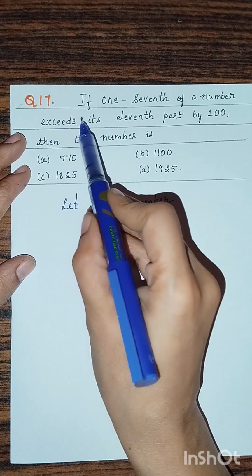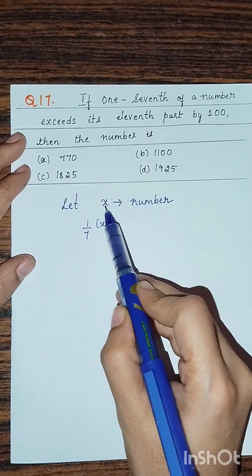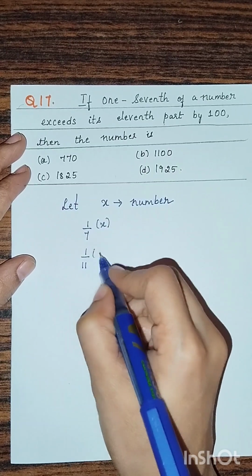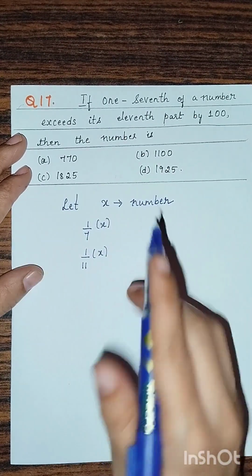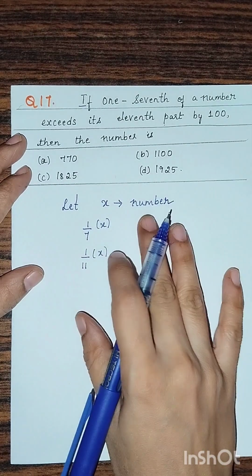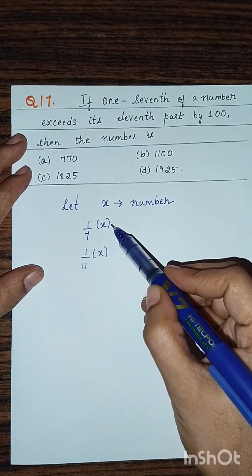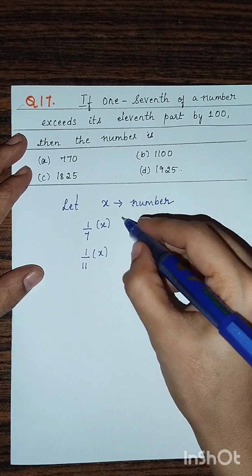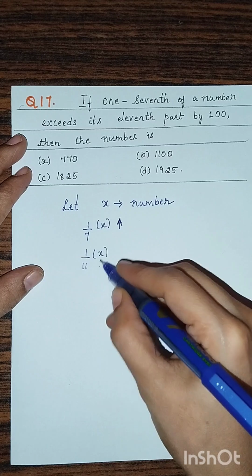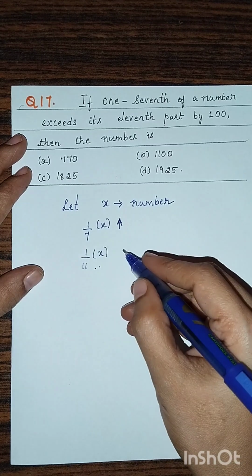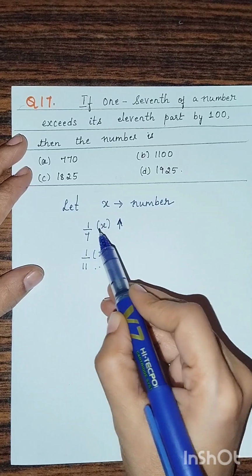So we'll just pause here. 11th part means 1/11 of x. So 1/7 of x, 1/11 of x. Now let us connect these two. If 1/7 of a number exceeds its 11th part by 100, that means this value is greater.